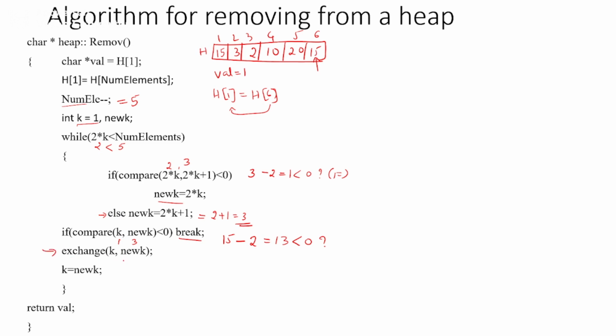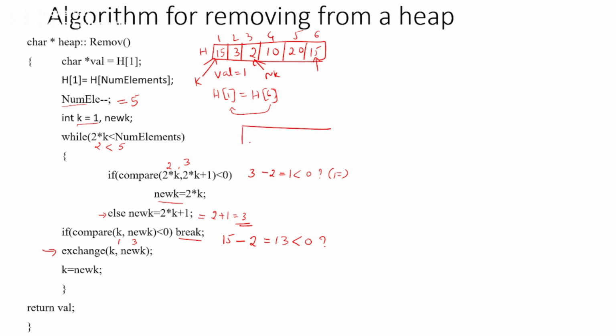Now exchange k and new k. k was pointing to 1, and new k was pointing to 3. So exchange these two.